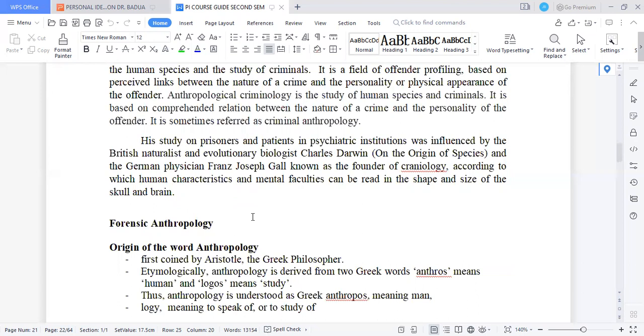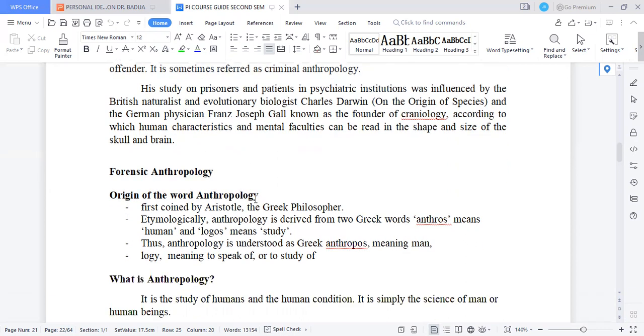Another personality who has something to do with this is Franz Joseph Gall, known as the founder of craniology. He made mention that human characteristics and mental faculties can be read in the shape and size of the skull and brain. So it has something to do with the shape of the skull, according to Franz Joseph Gall.